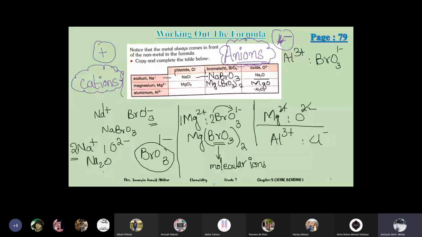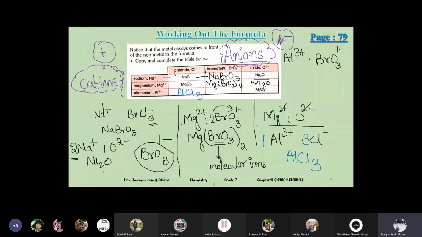Yes, teacher, aluminium chloride. It's going to be 1 with aluminium and 3 with chlorine. Very good. So what will be the formula? AlCl3. Yes, very good.